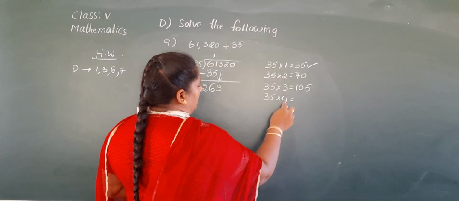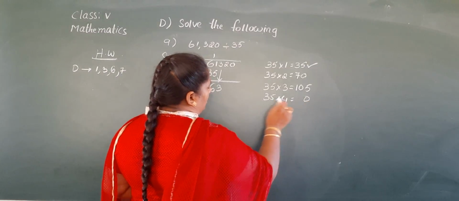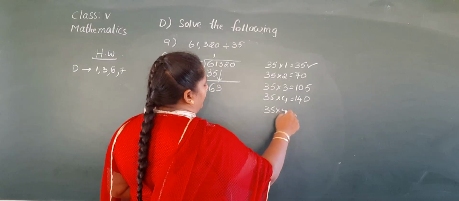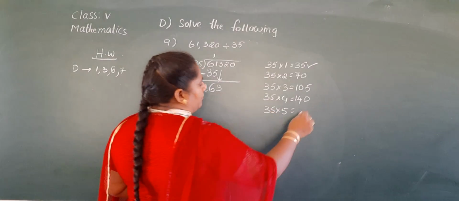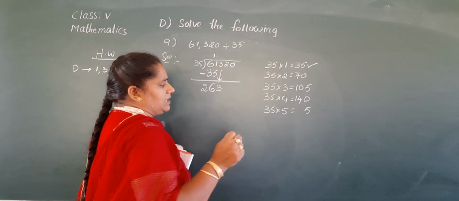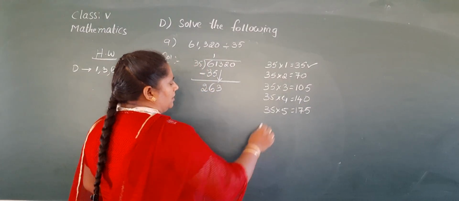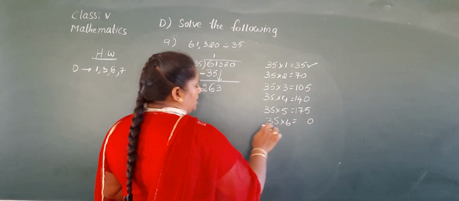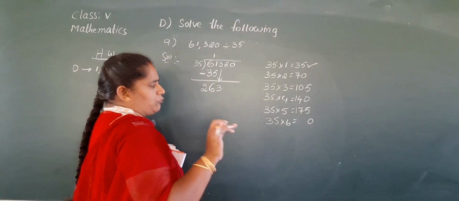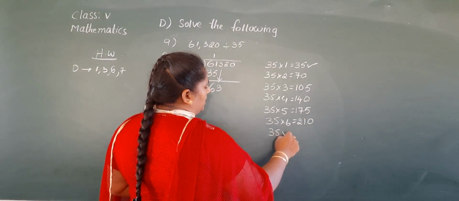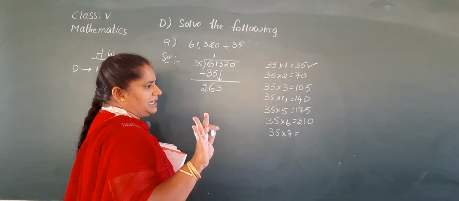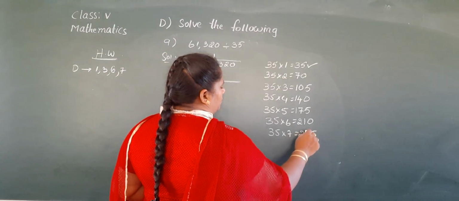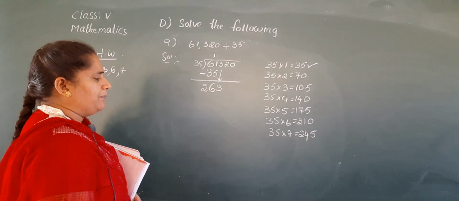Again 35 4s: 4 5s are 20, 2 in hand, 0 is down, 4 3s are 12, 13, 14, 140. 35 5s: 5 5s are 25, 2 in hand, 5 is down, 5 3s are 15, 16, 17, 175. 35 6s: 6 5s are 30, 3 in hand, 0 is down, 6 3s are 18, 19, 20, 21, 210. 35 7s: 7 5s are 35, 3 in hand, 5 is down, 7 3s are 21, 22, 23, 24, so 245. Yes, it is the nearest number, 7 times.